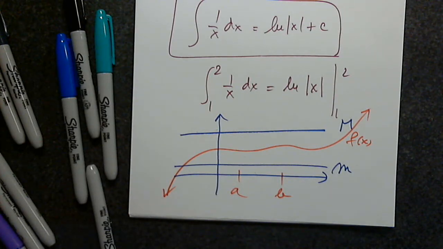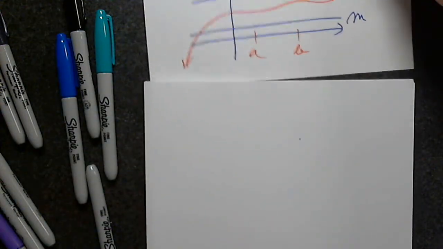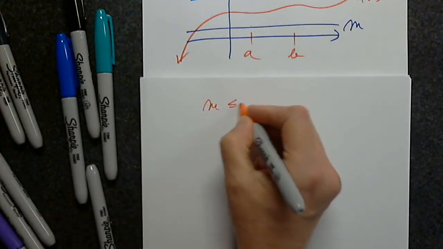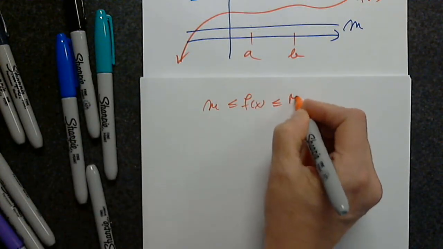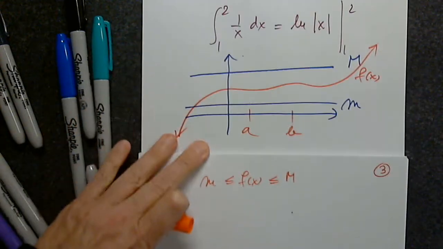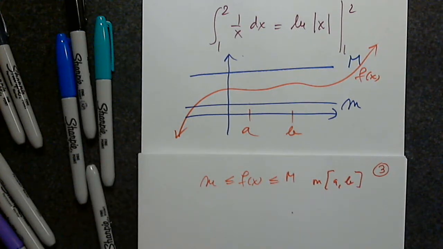Would you agree that it's correct to write m less than or equal to f of x less than or equal to uppercase M on a comma b? I don't extend the statement outside of a comma b. I care only about what happens between a comma b.